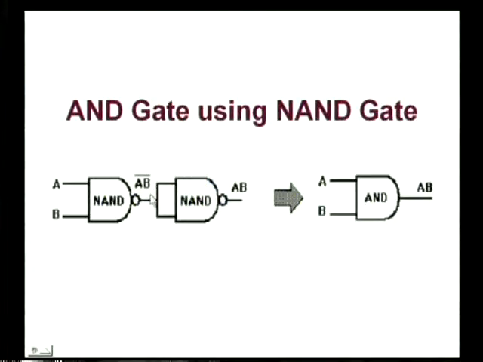Here the second NAND gate is used as an inverter. So, a NAND gate followed by an inverter gives you the AND gate. This is how we realize the three basic gates using the NAND gate. We shall see them together.